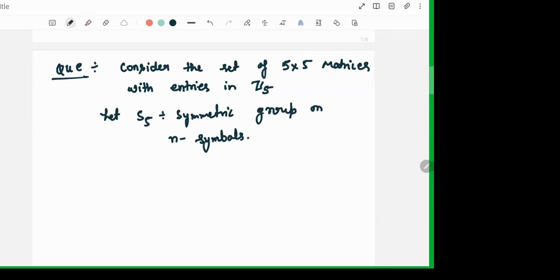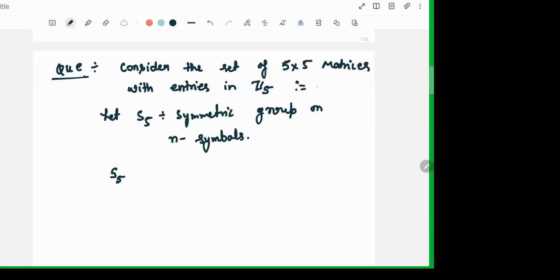So now, S5 is the symmetric group on n symbols. Define the action of S5 on this set, all 5 cross 5 matrices with entries in Z5.